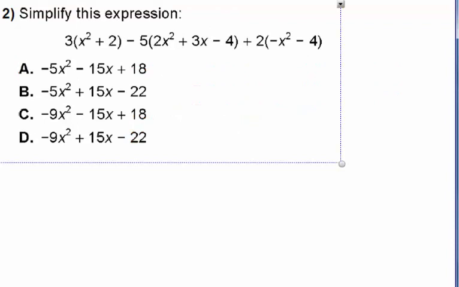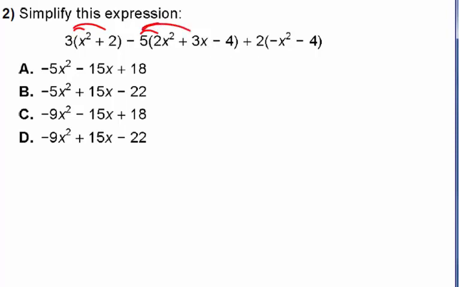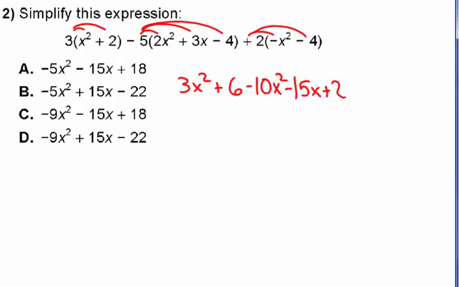Alright, so to simplify this, the first step would be to distribute everything and get rid of the parentheses. So we have 3x squared plus 6 minus 10x squared minus 15x plus 20 minus 2x squared minus 8.